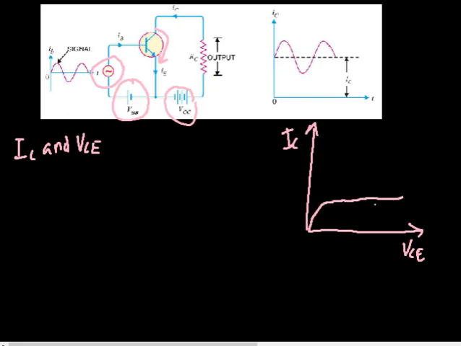So suppose this is an output characteristic corresponding to some base current IB. Now the same information can be had from the DC load line also.